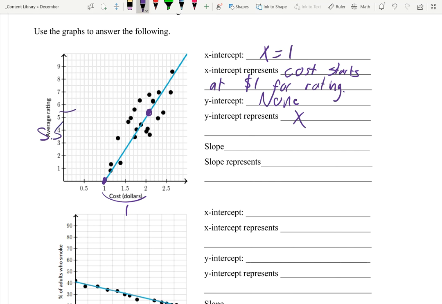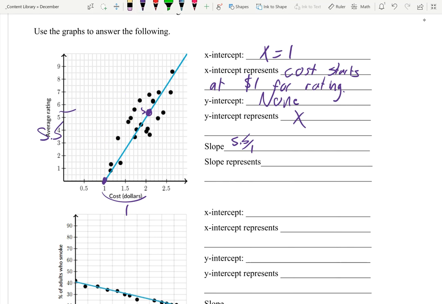You're going up 5.5 and then you're going over 1. That's a slope of 5.5 over 1. If you guess 5 to 1 or 6 to 1, that'd be okay, but we're guessing here. It's about 5.5 as you go over 1.